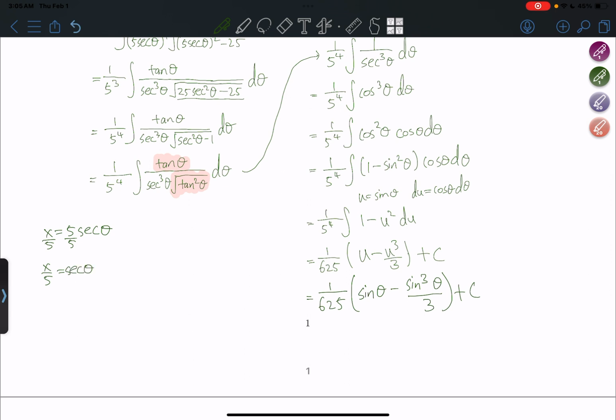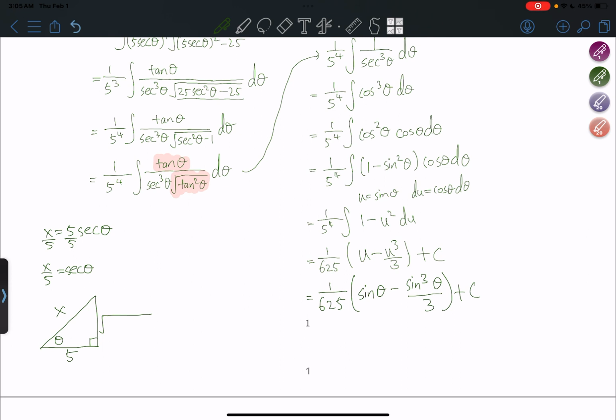From here, I can construct my right triangle. Label your theta. Secant is hypotenuse over adjacent. Maybe it's also a good idea to go back and review a couple of these definitions. Secant is hypotenuse over adjacent. So by the Pythagorean theorem, I can then calculate the third side.